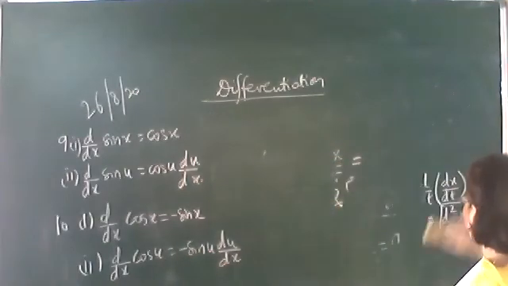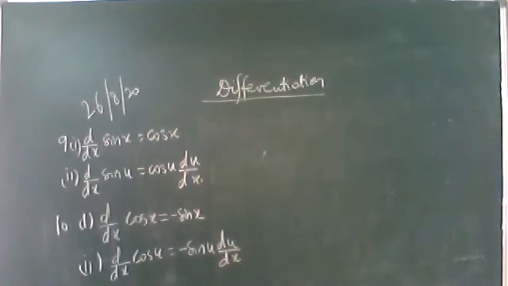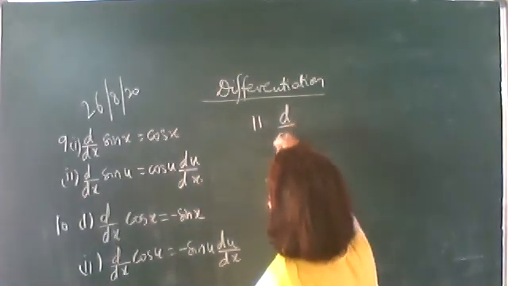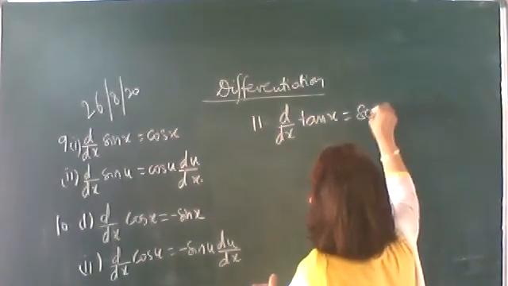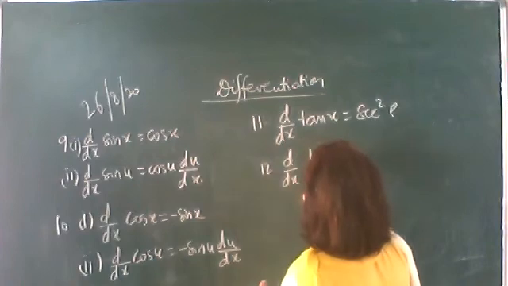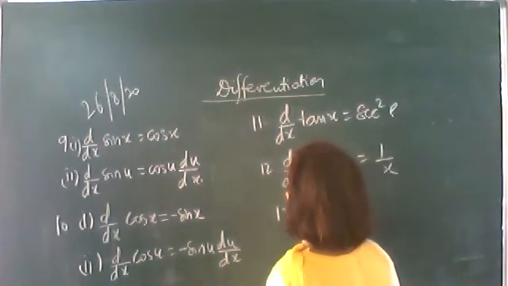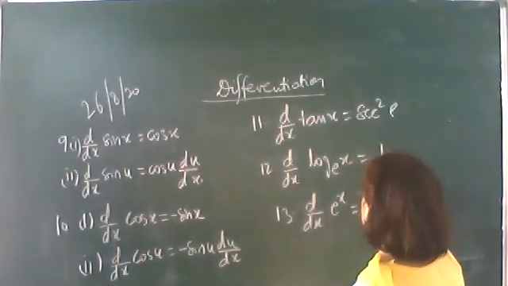All the types of questions we'll do. d by dx of tan x is sec square x. d by dx of log to the base e of x is 1 upon x. And the last formula was d by dx of e raised to the power x is e raised to the power x only.